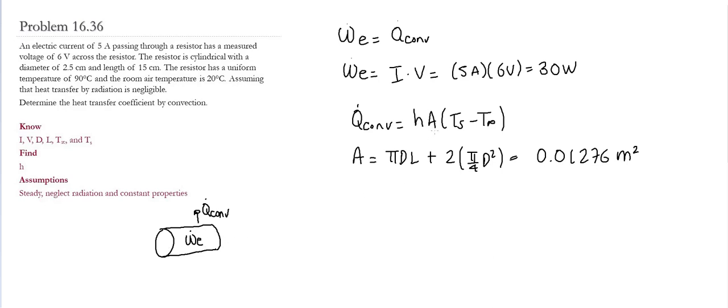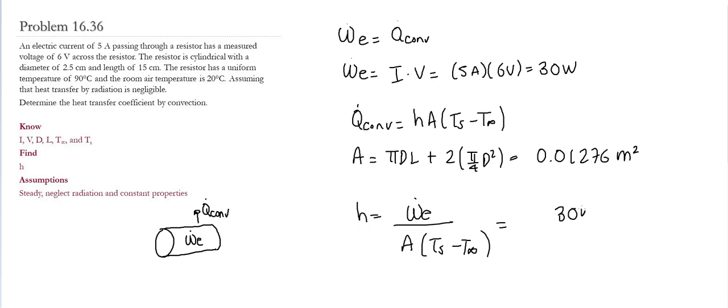So we're going to solve. Now that we have these two equal to each other, we're going to simply say that the value of h is equal to the electrical power over the area times (Ts minus T infinity). And we're going to substitute the values.